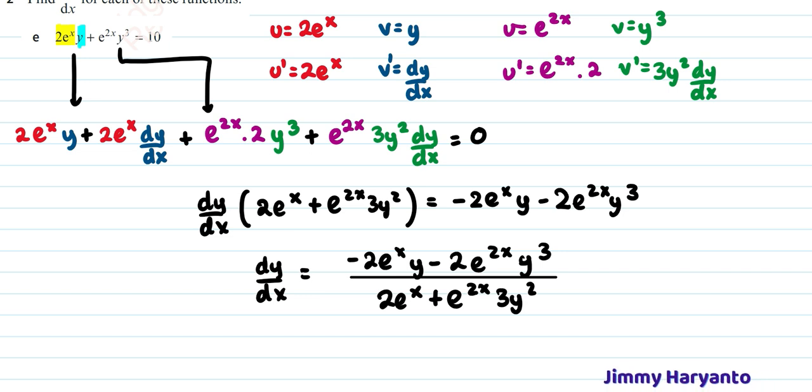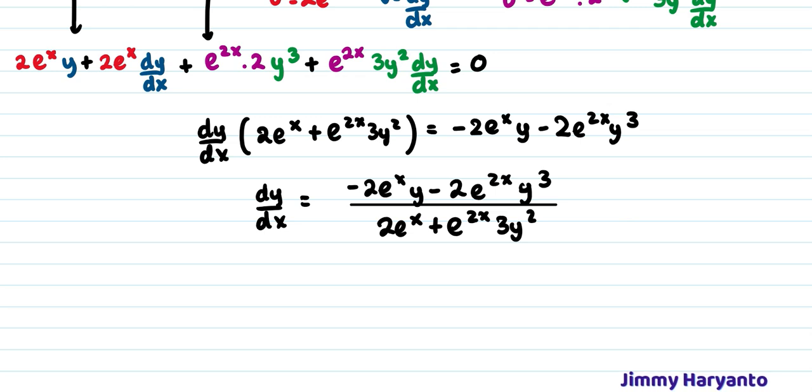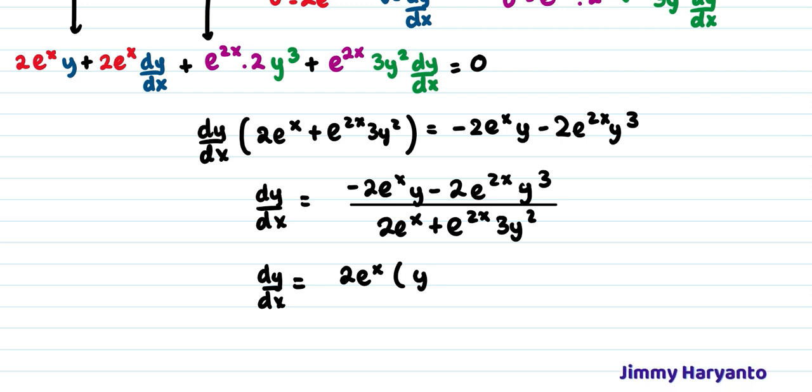Then if you want to simplify, you can take out the e^x, so dy over dx, maybe you should just leave it like that. So you can take out the 2e^x, the 2e^x will give you y plus e^x. Remember, when you factorize something, that means division, so e^2x divided by e^x equals e^x.